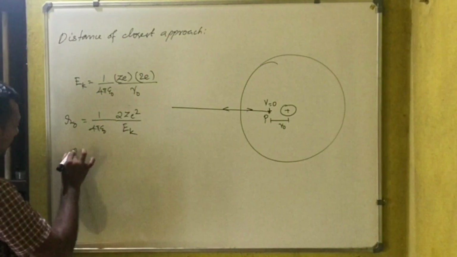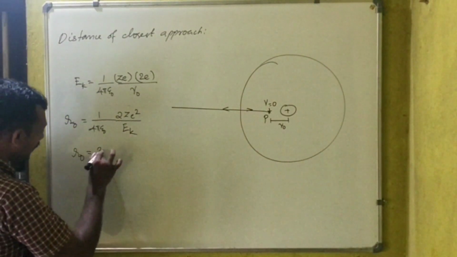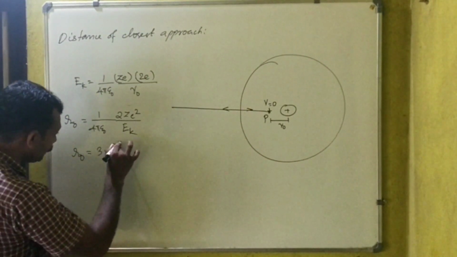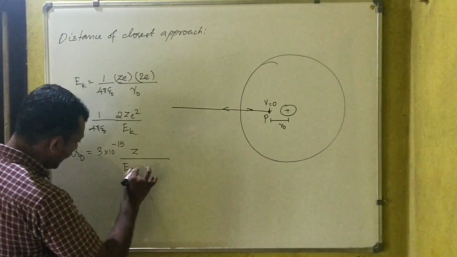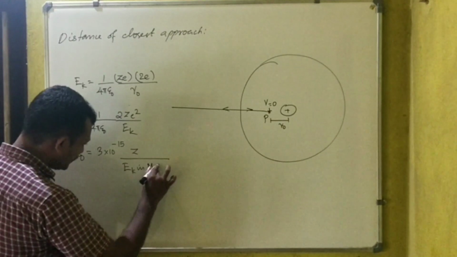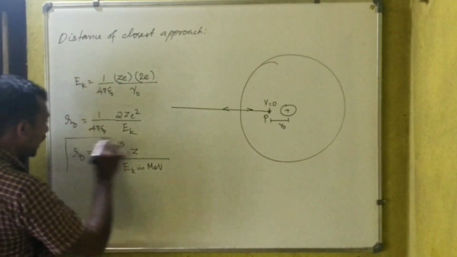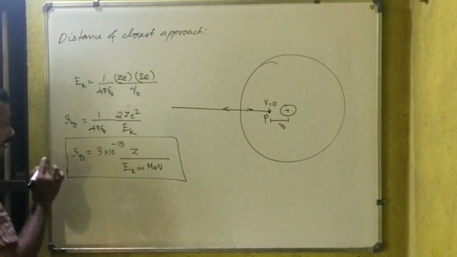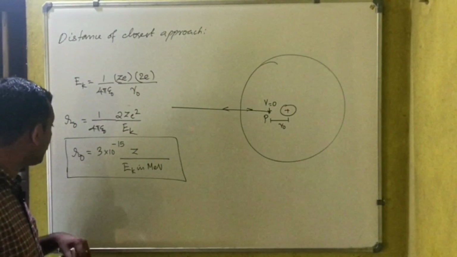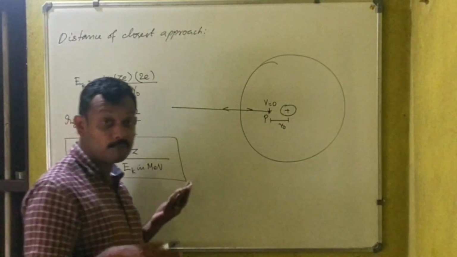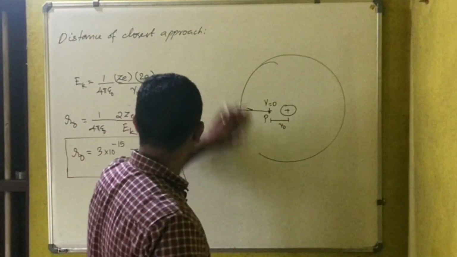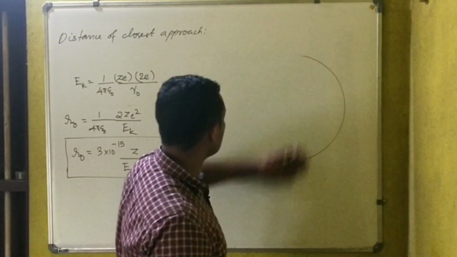Again I can make a shortcut: R0 is equal to 3 into 10 to the power of minus 15 Z divided by Ek in mega electron volt. Ek is the initial kinetic energy of the incident alpha particle. This shortcut will enable you to solve problems easily. This is the expression for the distance of closest approach.